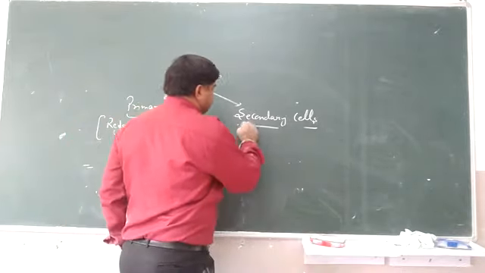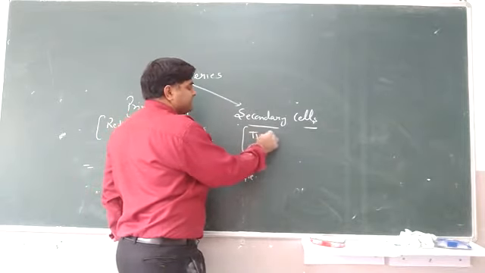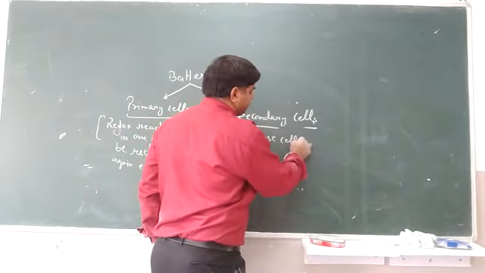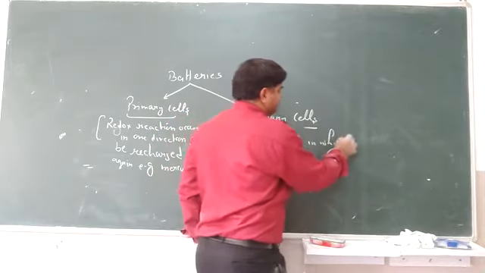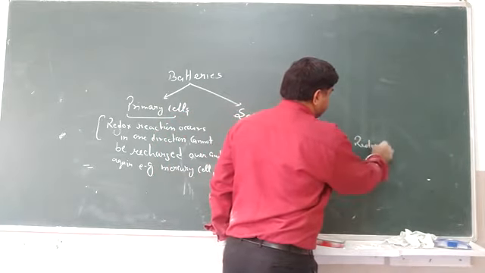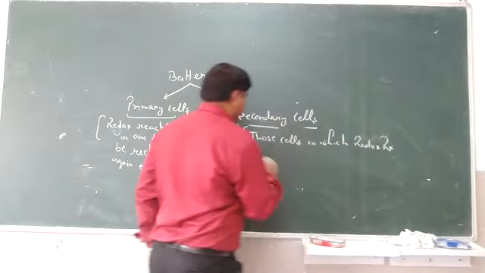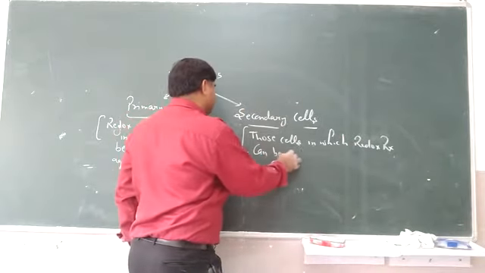Whereas secondary cells are those cells in which the redox reactions can be reversed.